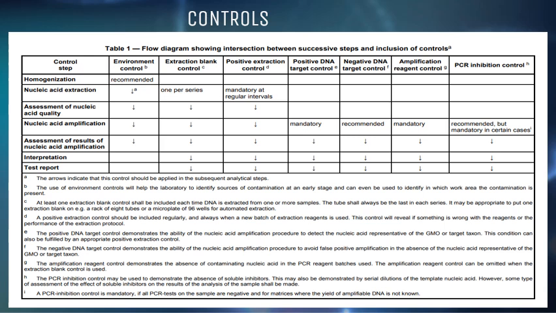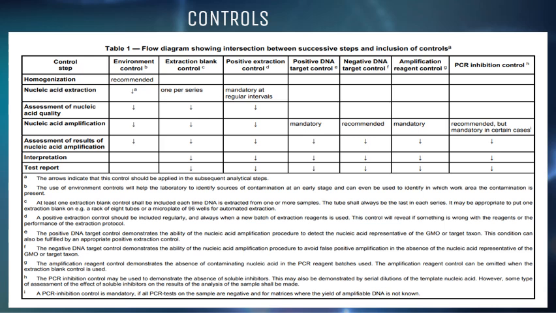Positive DNA target control is mandatory for all the steps from amplification, assessment of result of nucleic acid amplification, interpretation, and test report. Negative DNA target control is recommended for all the steps from amplification, assessment of result of nucleic acid amplification, interpretation, and test report.